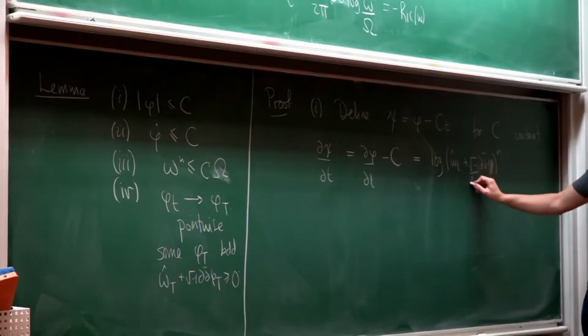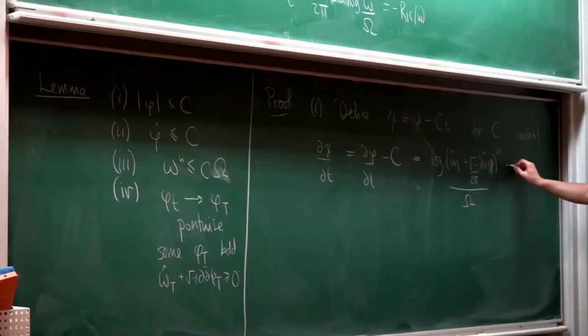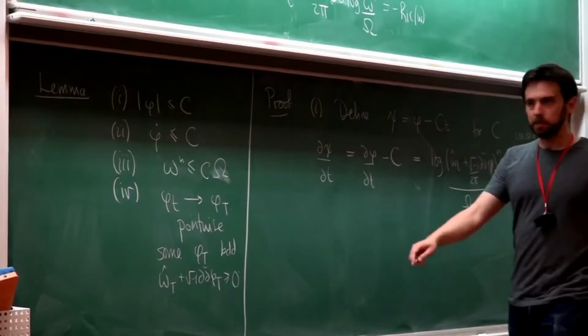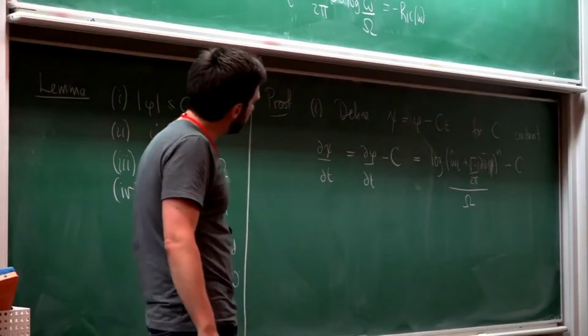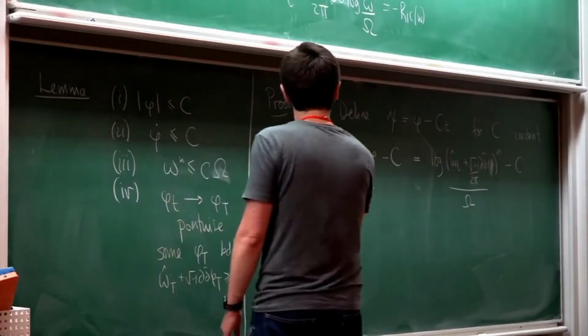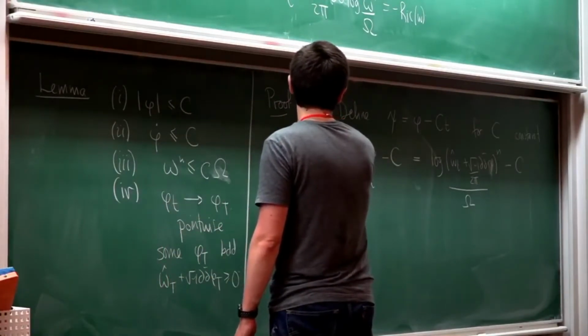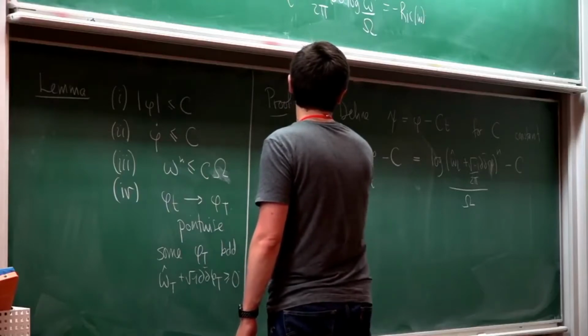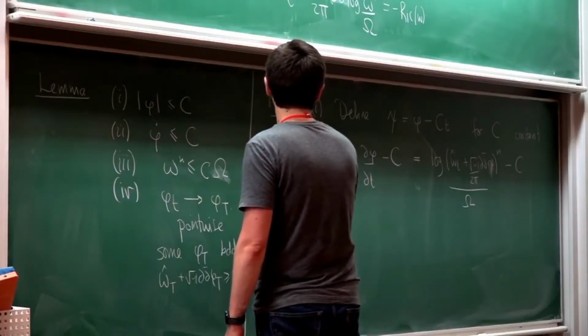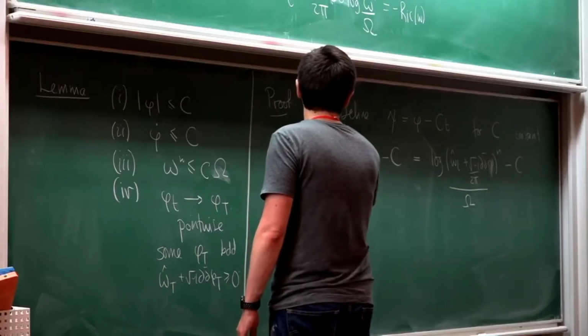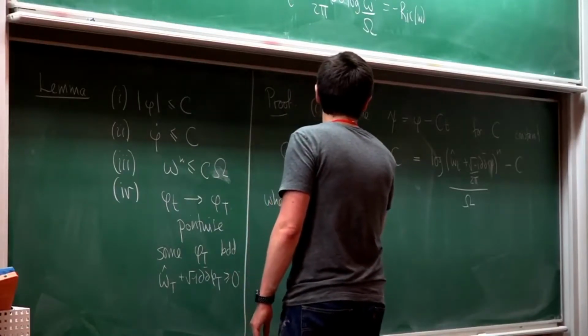Okay, this is divided by 2 pi. And that's divided by capital omega minus c. But now let's look at the point where psi achieves its maximum.